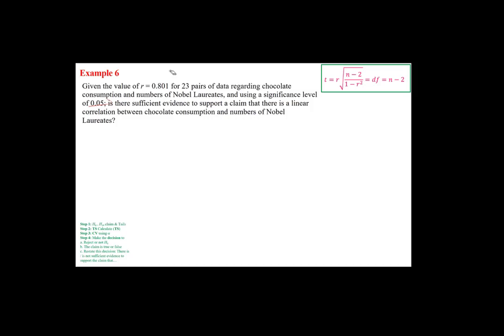So this is R again. So let me erase that. For some reason, the pen is bleeding, doesn't do the job. And so H0 and H1, we are repeating the same thing. H0: rho is 0, H1: rho is not 0, and that is a two-tailed test, and that is the claim.